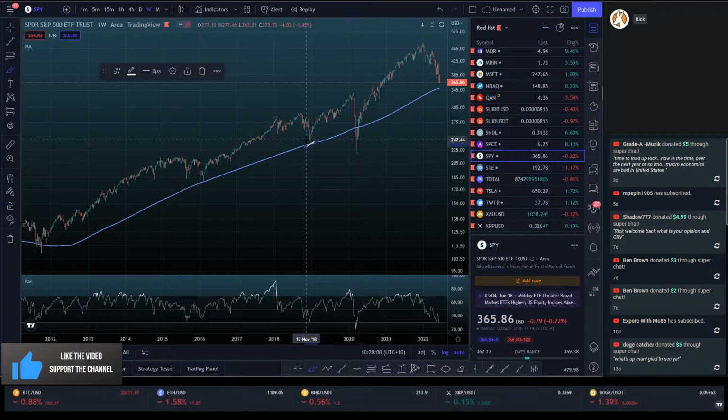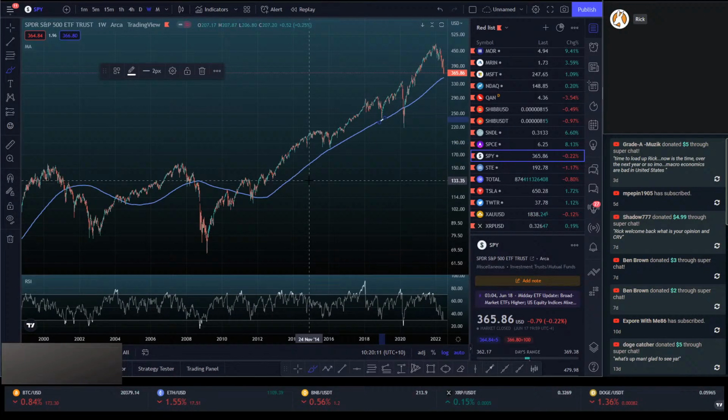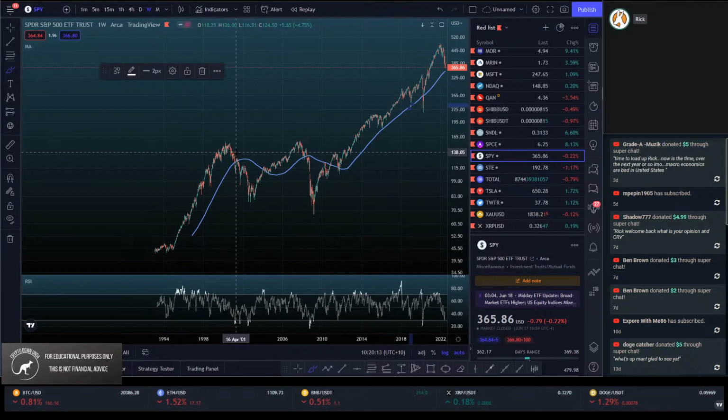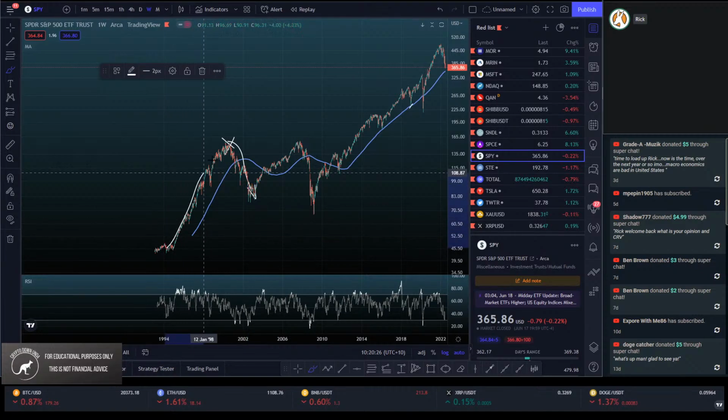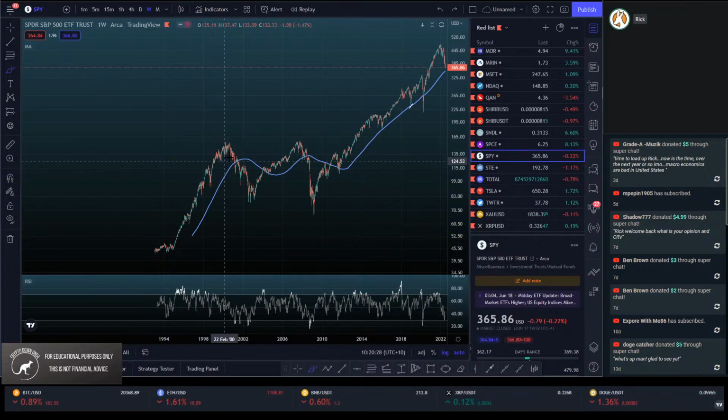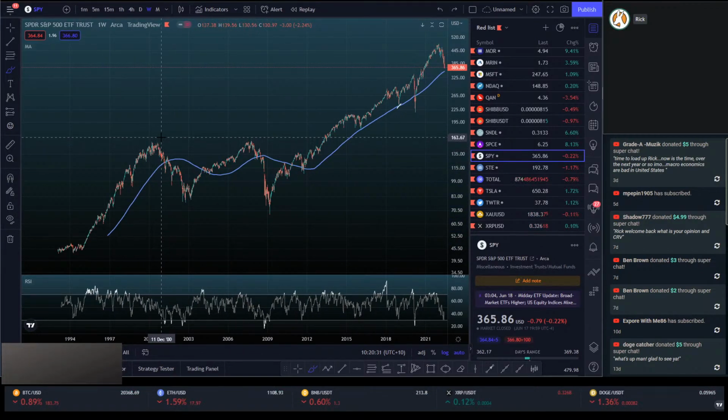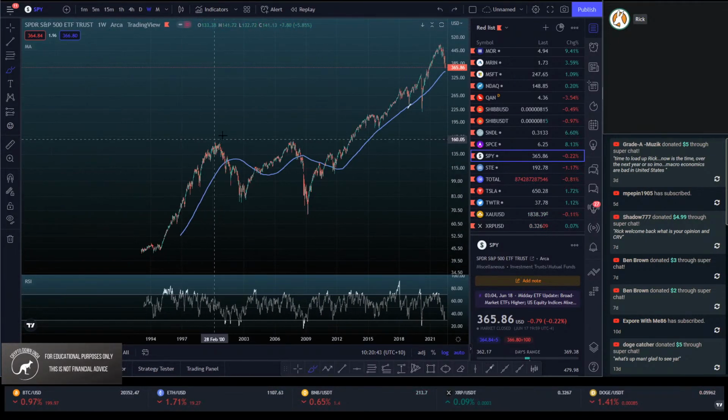So we've got this drop here. I think that was the tech bubble bursting, the .com crash. After the .com boom, there was a correction off that huge boom through the 90s, and that hit a low, and there was a recovery off that.